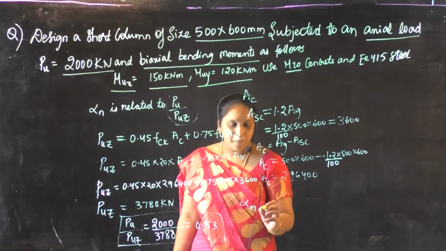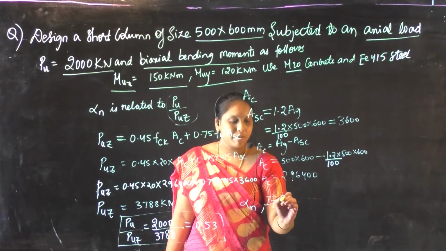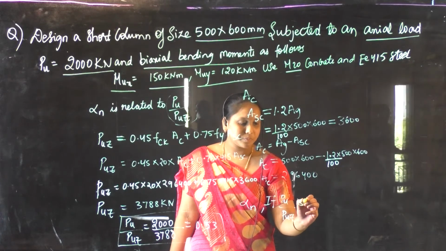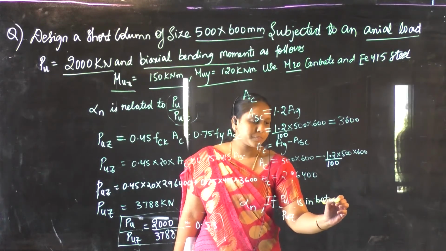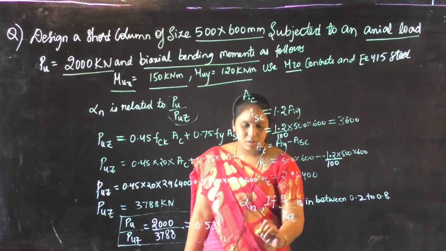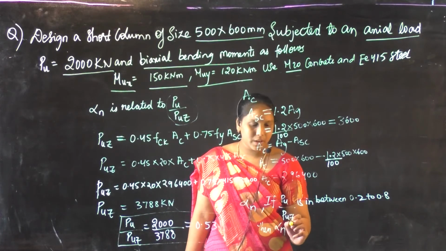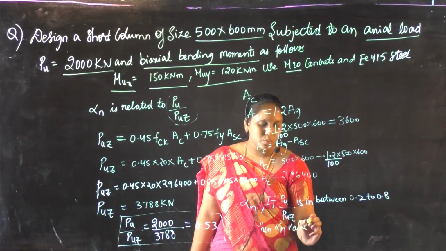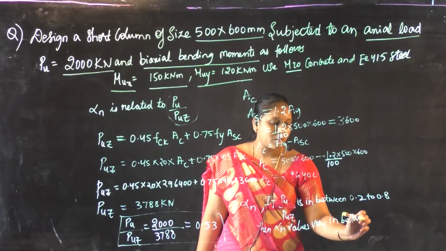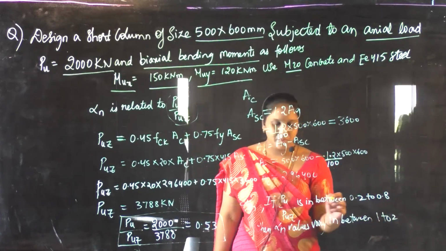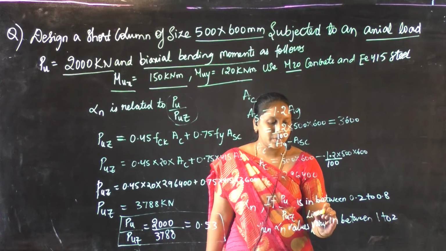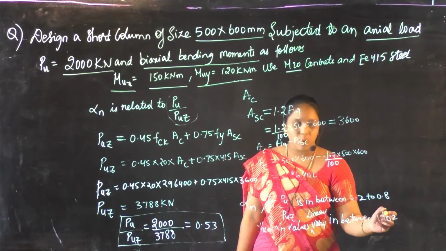If the PU by PUZ value is in between 0.2 to 0.8, then the alpha n values vary linearly in between 1 to 2.